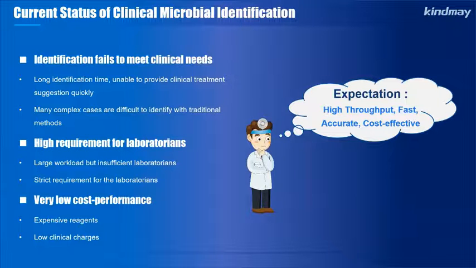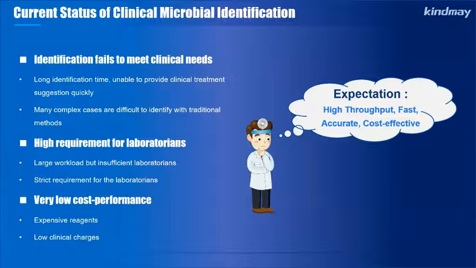For example, in China, for the traditional method, one test costs around $9, but the clinical charge to the patient is only around $11. So for clinical microbe identification, the expectation for a fast, accurate, cost-effective, and easy-to-use method is urgent.